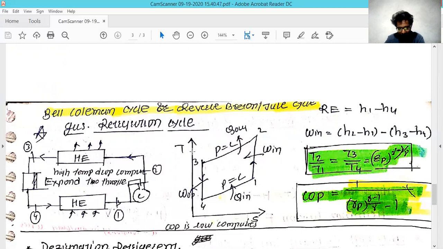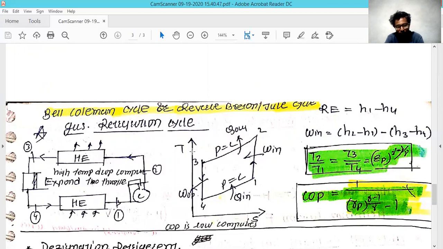And when you move from 4 to 1, in that condition, heat is being absorbed in this cycle, in the closed space where you are getting the refrigeration effect. So from this cycle, we call it the refrigeration effect. Similarly, you can find it with H1 minus H4.